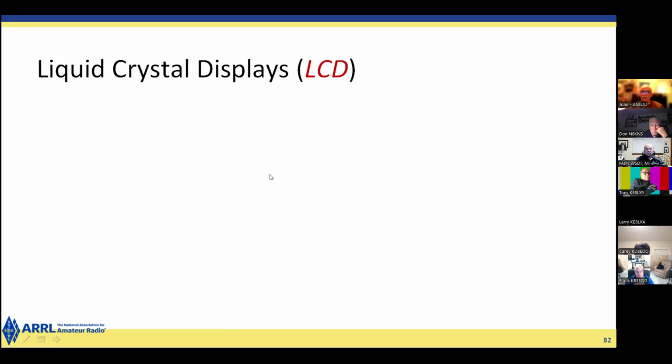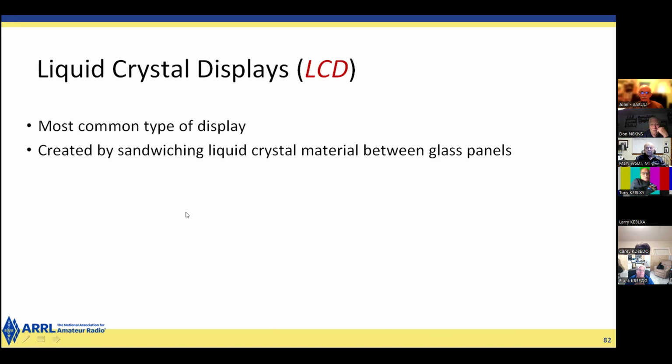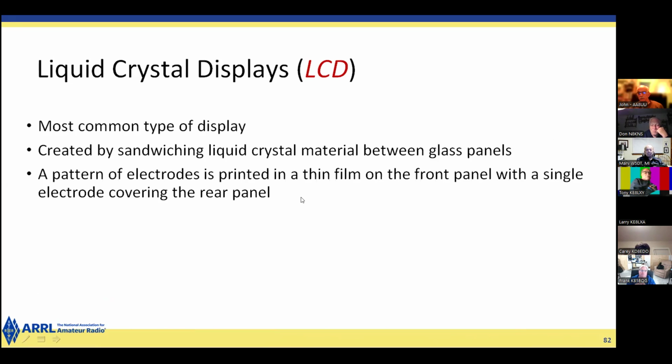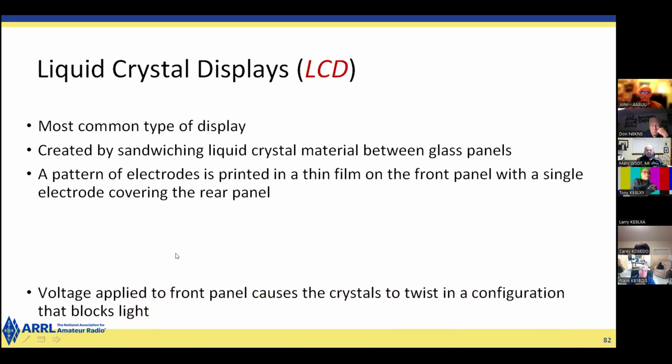Now this one, liquid crystal displays are on their way out too, but they are the most common type of display, been around since the beginning of the 70s, created by sandwiching liquid crystal material between glass panels. A pattern of electrodes is printed on a thin film on the front panel with a single electrode covering the rear.